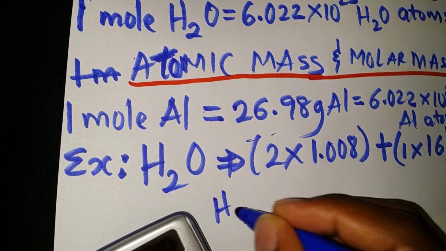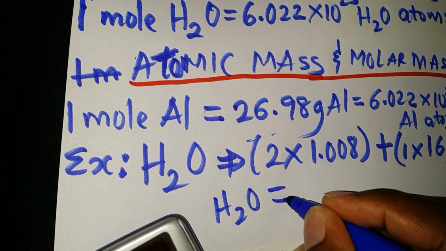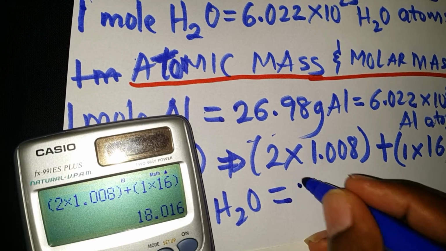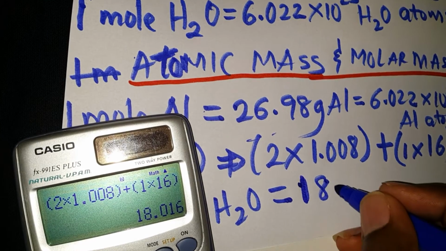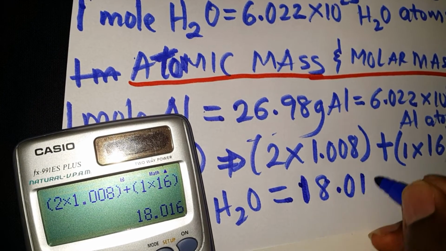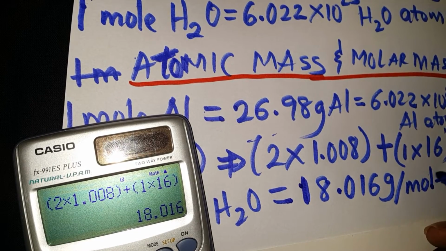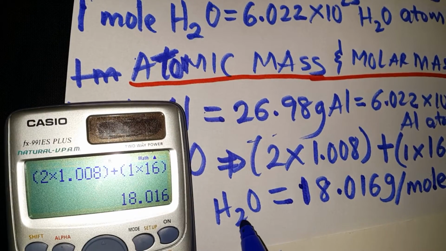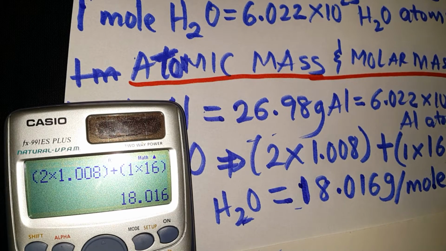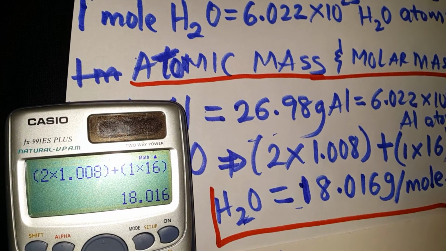So H2O is 18.016 gram per mole. So this is the molar mass of H2O.